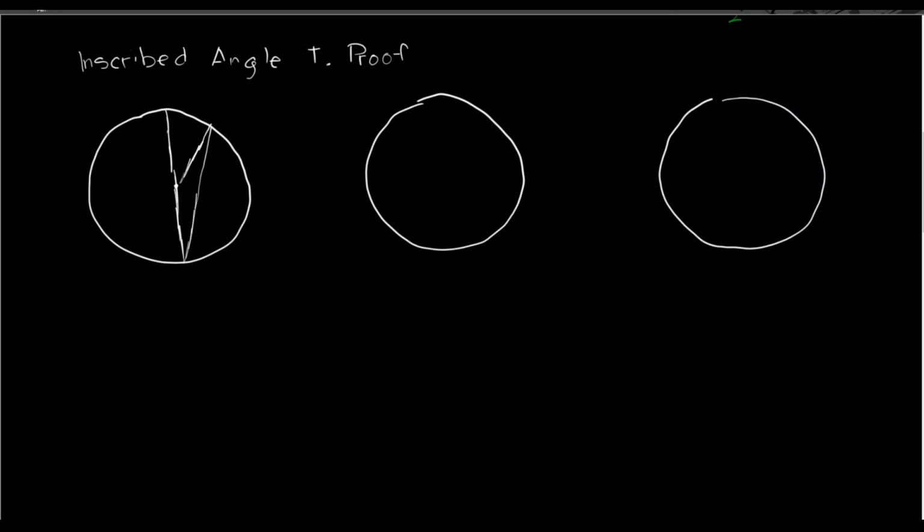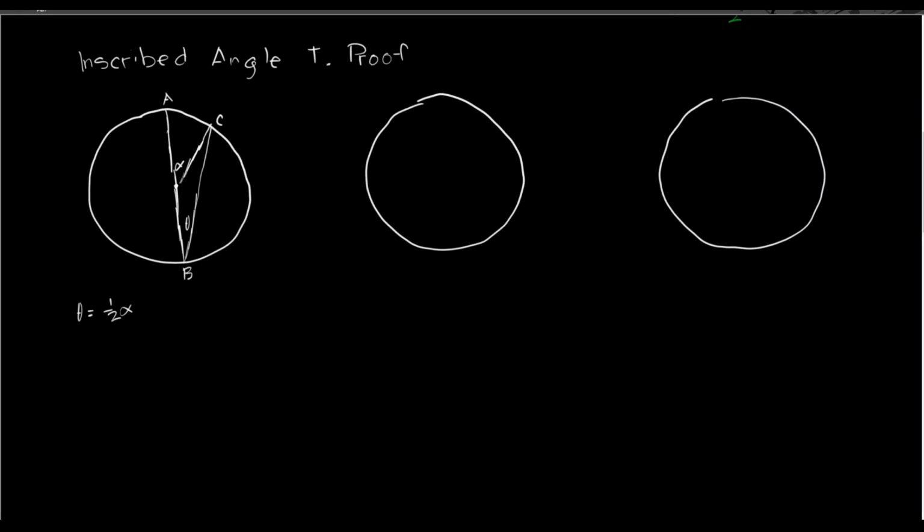We want to prove that the inscribed angle theorem is true, so theta equals 1/2 alpha, for when one of the arms of the chord is a diameter of the circle. So let's call this diameter AB. Our first case is when one of the arms of the inscribed angle forms the diameter of the circle. So let's prove this now.